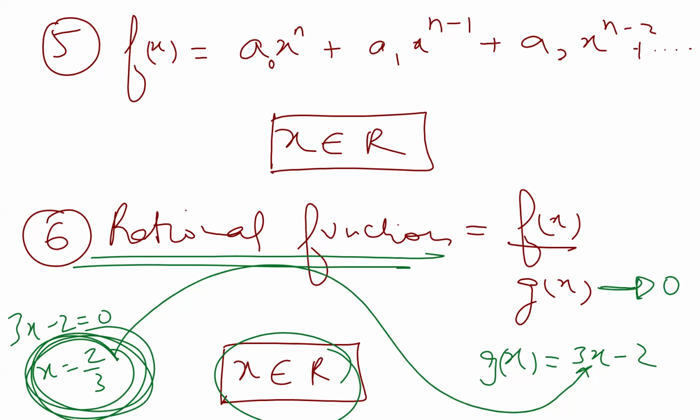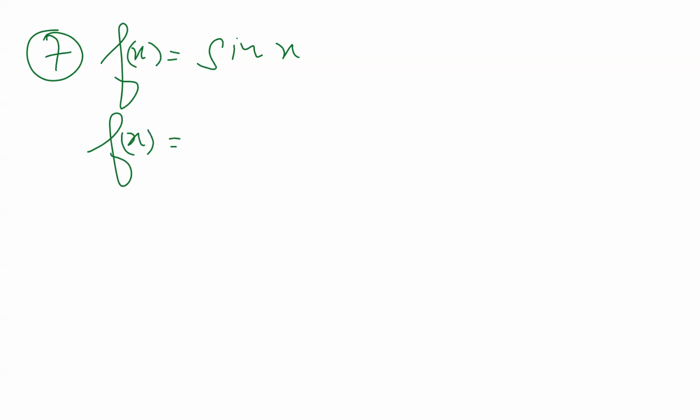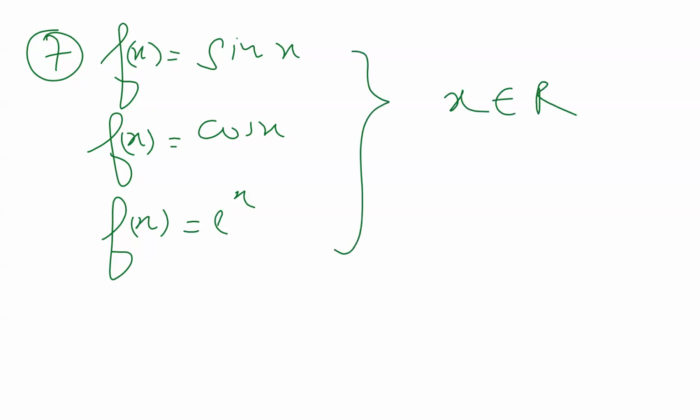Next one, 7. F of x is equal to sin x. F of x is equal to cos x. F of x is equal to e raised to x. So these functions are also continuous for any value of x belonging to real numbers.